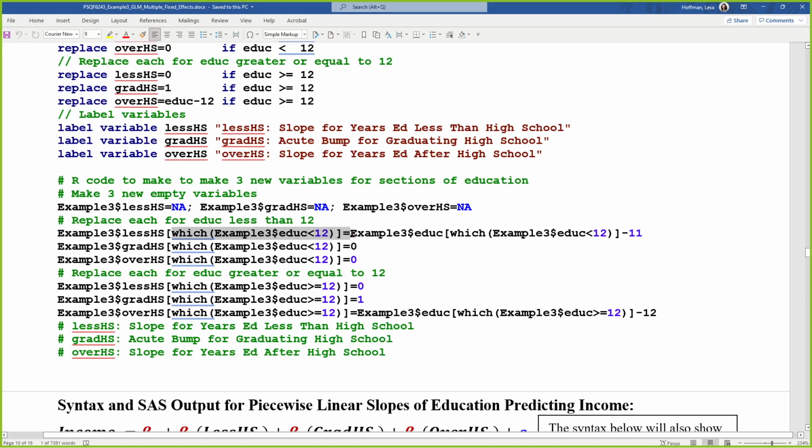And you can't just have education minus 11 like the other packages. You have to put the conditionality here as well. So one function to cover the slope from 2 to 11, and then the other function for people with greater than or equal to 12 years of education right there.